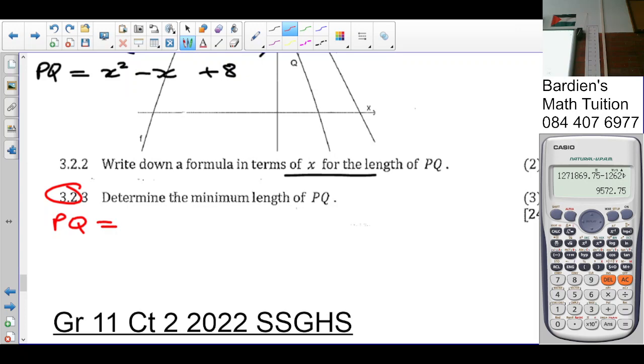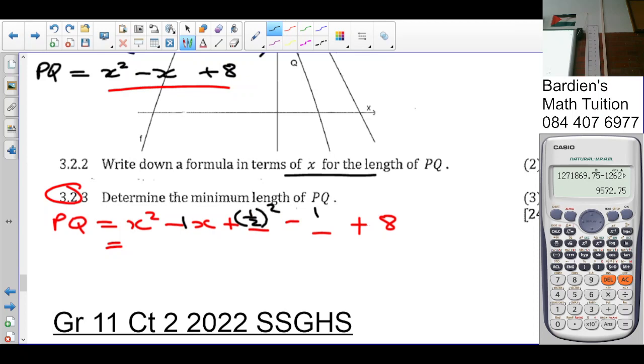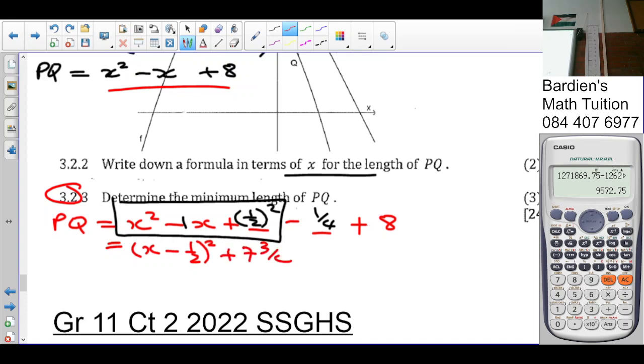So for PQ, as you can see here, we'll add a number minus the same number plus 8. So what's the number in this case? It's going to be b times a half, which is 1 times a half, which is a half. Squared is going to be a quarter. So there's your perfect square trinomial. It's x minus a half squared minus a quarter plus 8, which is plus 7 3/4.